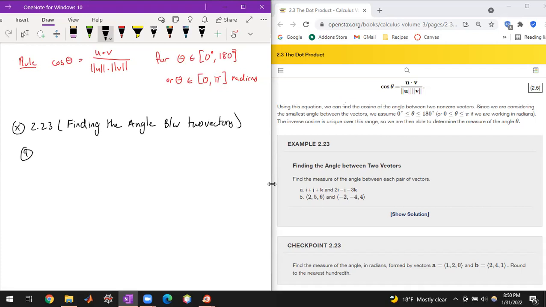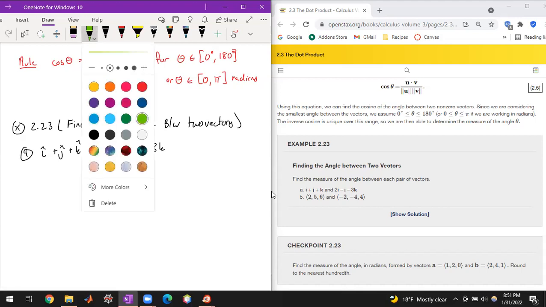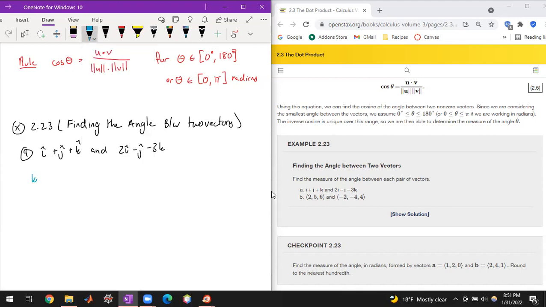In the first problem, we're given our standard unit vectors, i plus j plus k, and 2i minus j minus 3k. Using the rule up above, to find the angle, we know that cosine of the angle is equal to u dot v divided by the magnitude of u times the magnitude of v.